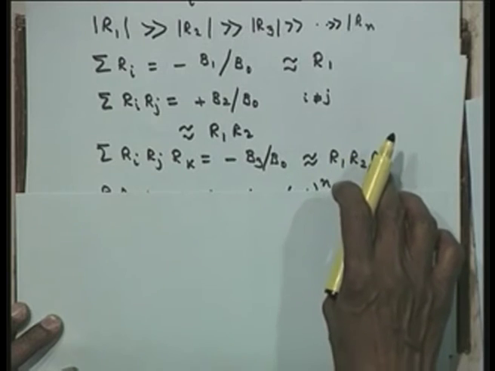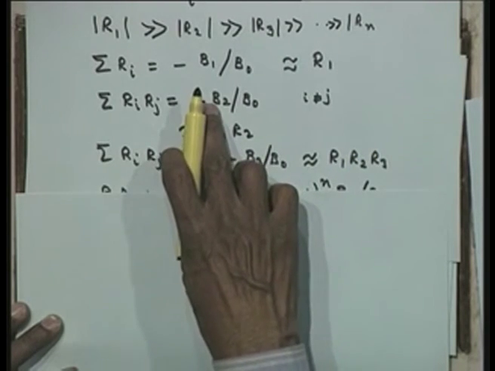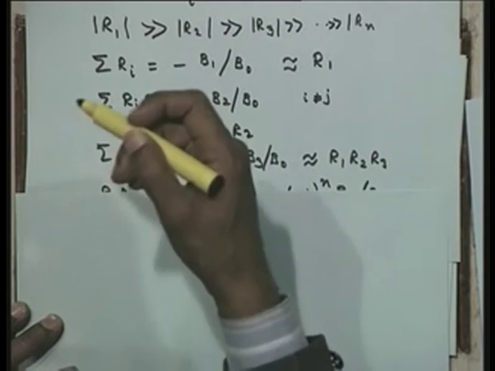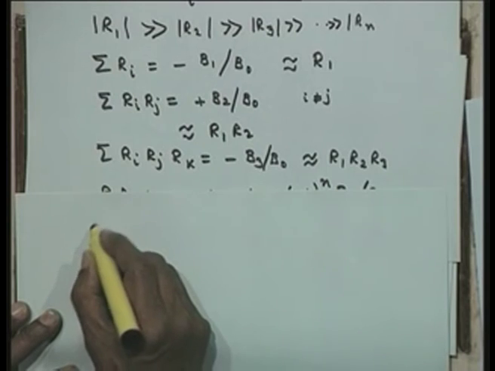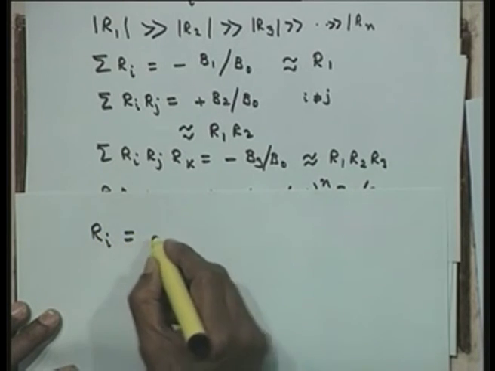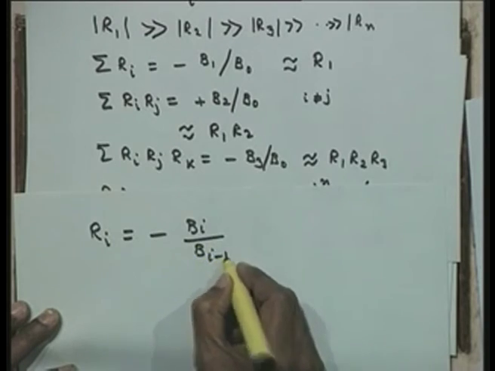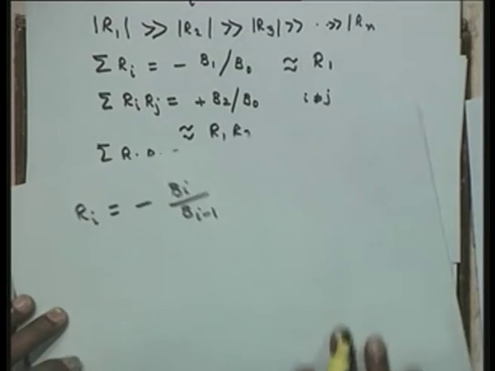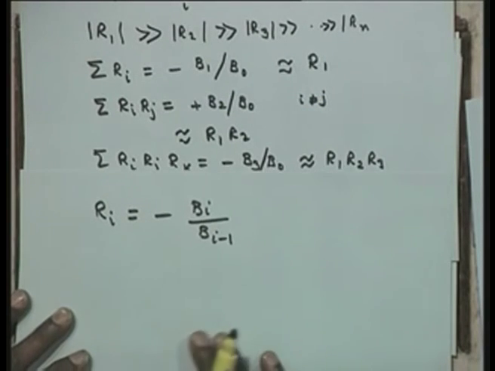If I take the ratio of these two, R1 R2 gets cancelled and I get R3, which will be minus b3 divided by b2. So I am getting approximations for R1, R2, R3 sequentially. Therefore, Ri will be equal to minus bi by bi minus 1. That is, simply these coefficient ratios with an opposite sign give you the approximation.